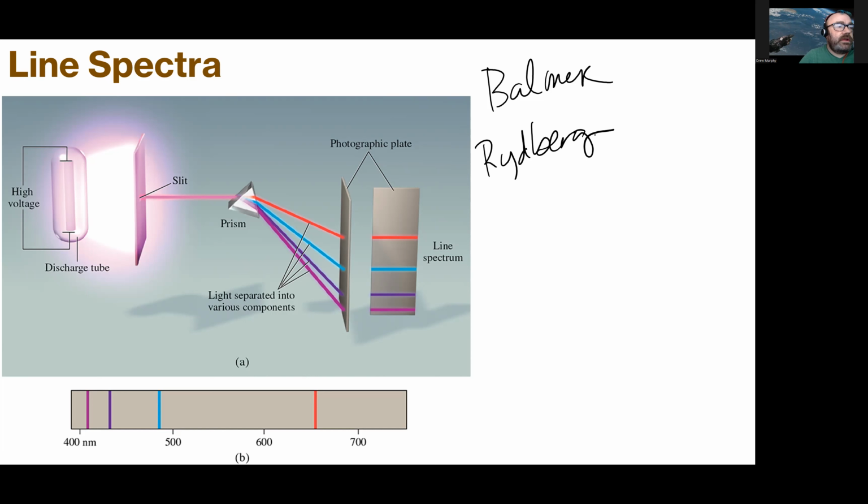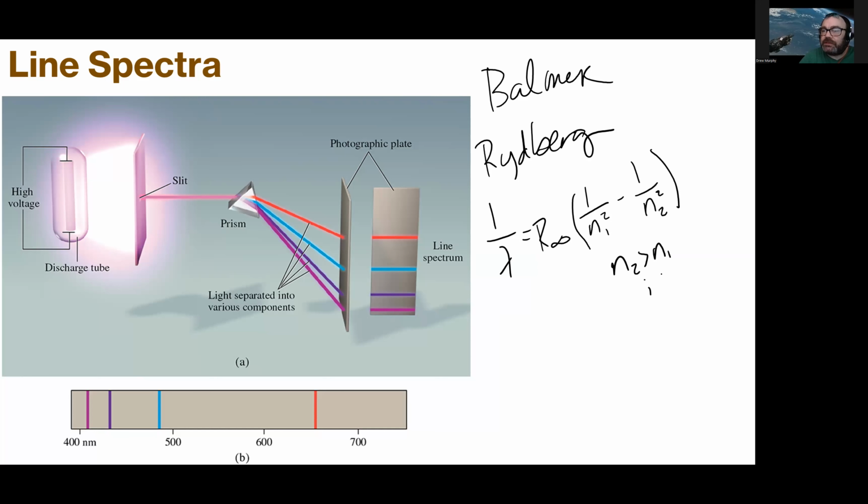Rydberg's equation looks like this. You do not need this; I'm just writing it so we have it. R sub infinity, that's the Rydberg constant, times 1 over n1 squared minus 1 over n2 squared. We have to define that n2 is greater than n1 and that these are integers.